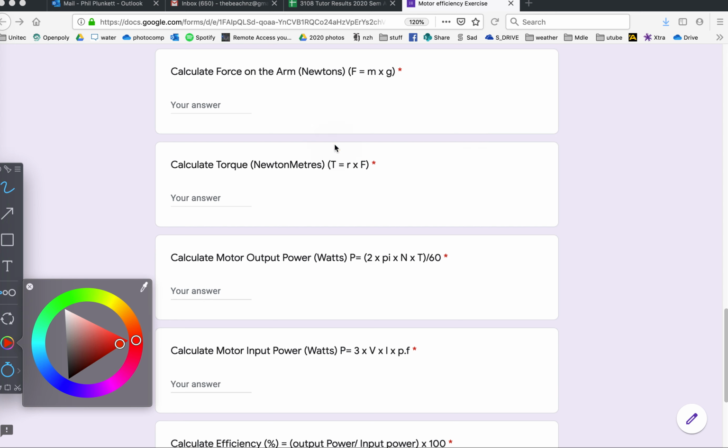So going back to this, calculate torque, Newton meters. Torque will be the force and the radius. So this one here is your arm length, and that is in the data right here.